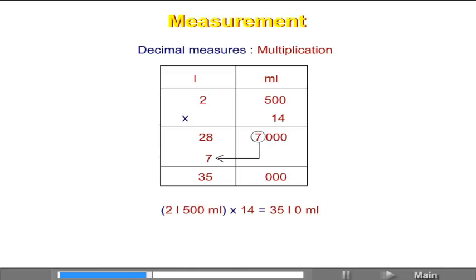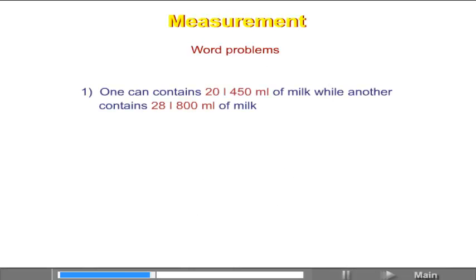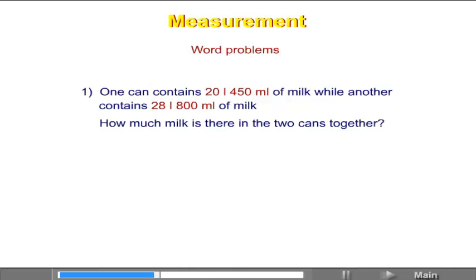Therefore, 2 liters 500 milliliters multiplied by 14 is equal to 35 liters 0 milliliters. Word problems. One can contains 2 liters 450 milliliters of milk while another contains 28 liters 800 milliliter of milk. How much milk is there in the two cans together?